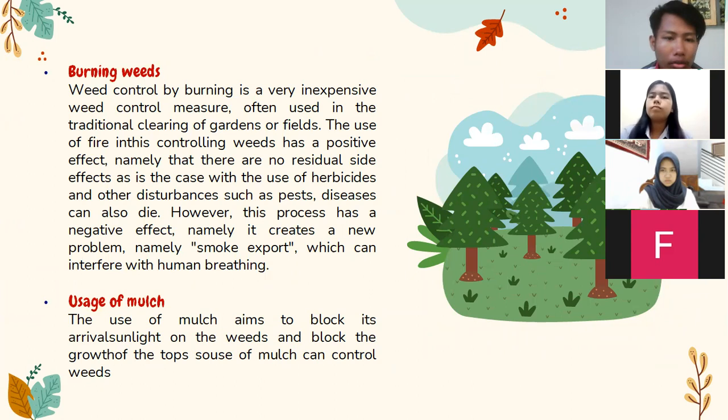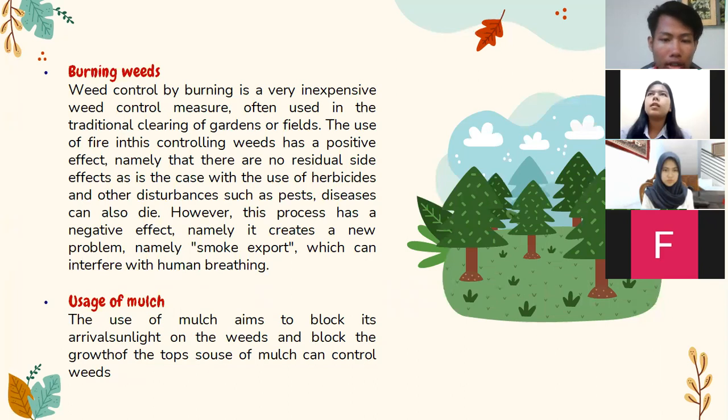Burning weeds. Weed control by burning is a very inexpensive weed control measure often used in the traditional clearing of gardens or fields. The use of fire in controlling weeds has a positive effect, namely that there are no residual side effects as is the case with the use of herbicides, and other disturbances such as pests and diseases can also die.